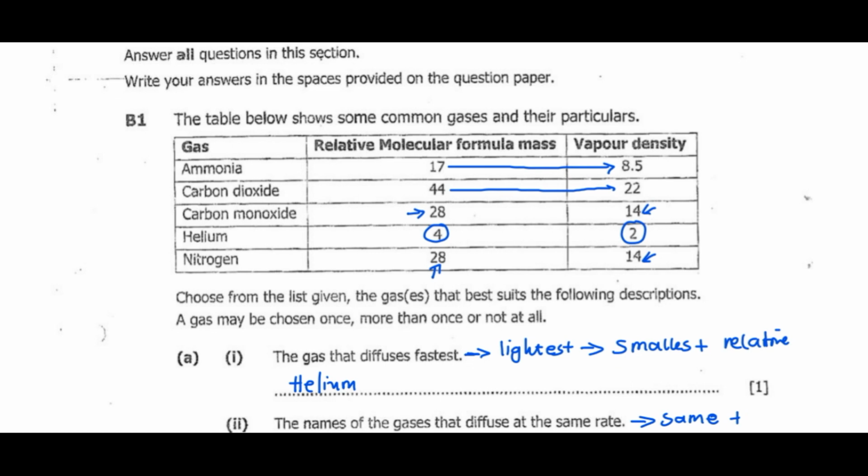22. So the key point is that you can see the greater the relative molecular mass, the higher the vapor density. Or we can say that the vapor density is directly proportional to relative molecular formula mass. This means that if the relative molecular formula mass increases, the vapor density will also increase. So that is the point here.